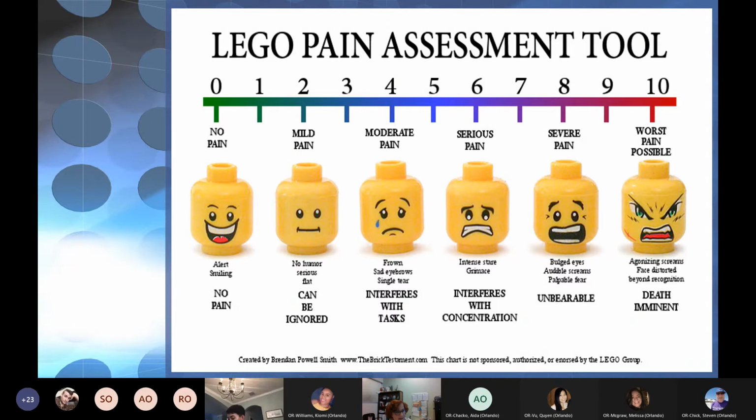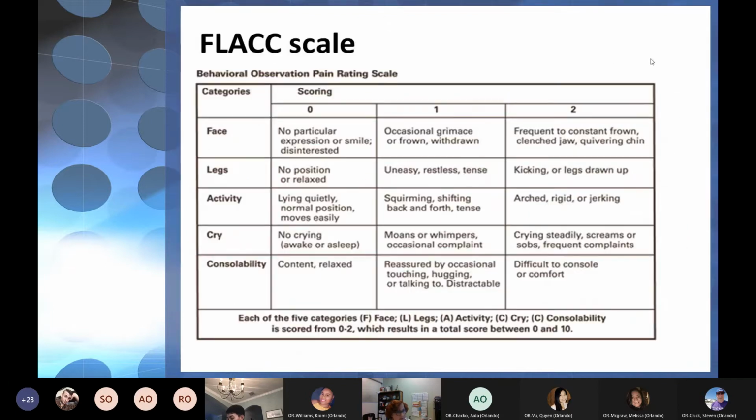A couple more things that I wanted to mention that was really good in this video. That pain is not a normal part of aging, right? And many times our patients are not aware of what type of non-pharmacological techniques are available to help reduce their pain. And so we as nurses, we just have to offer those to those patients and let them know.